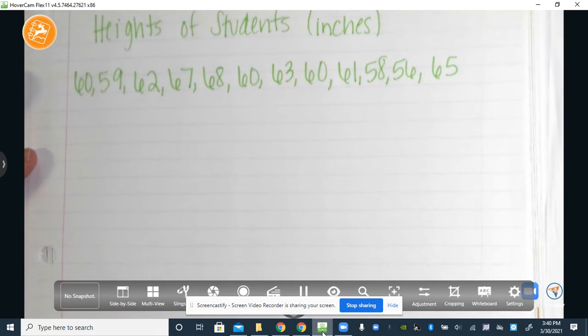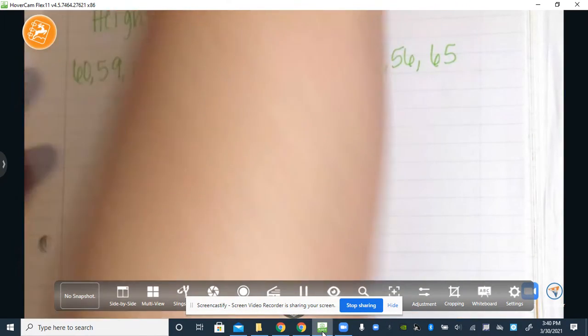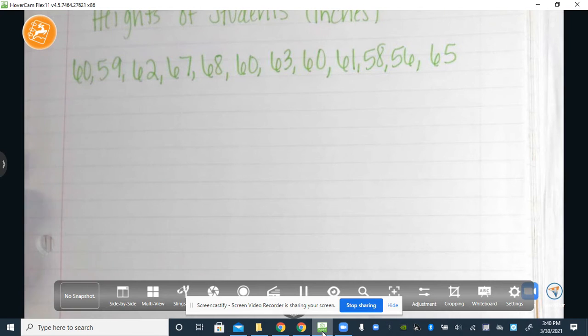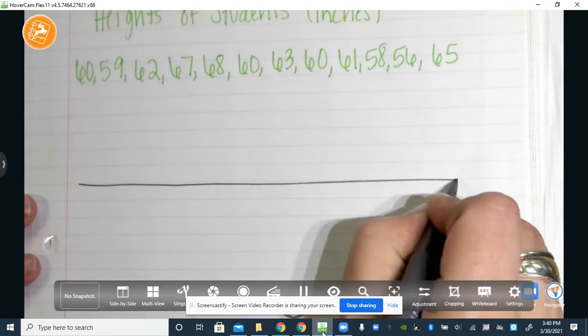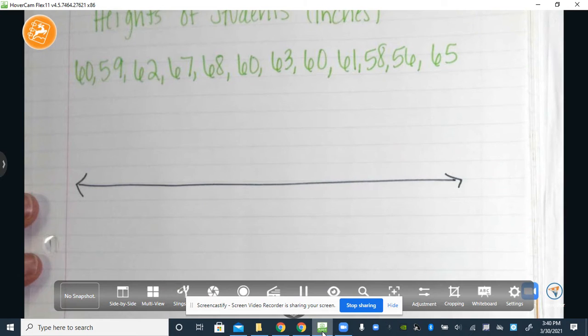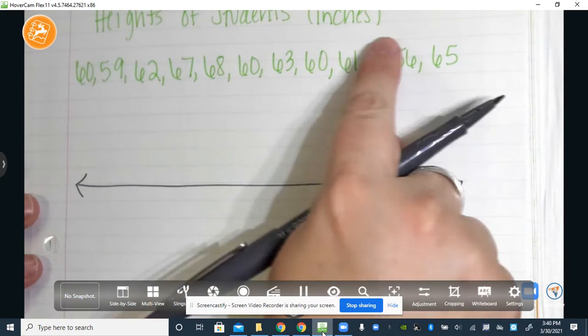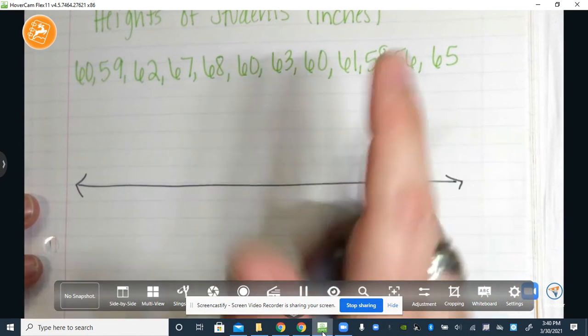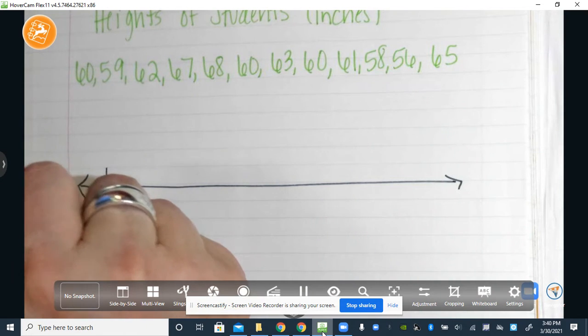So again, I'm going to start off with my number line. Okay, I look at my lowest number. Well, my lowest number is 56. So I'm going to start at 56.